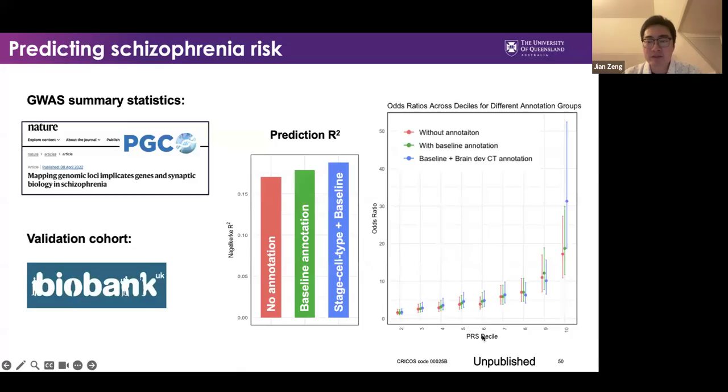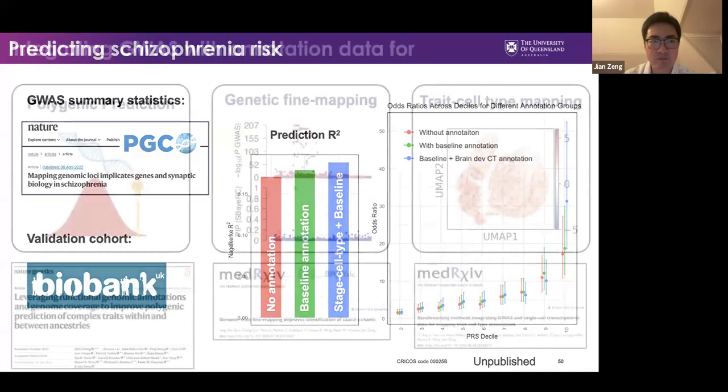And when we stratify the PRS into different groups, the prediction accuracy seems to mainly come from the highest risk group. Although the difference is not statistically significant, it shows this trend, and we are looking to validate the results in larger cohorts like the iSAC dataset.